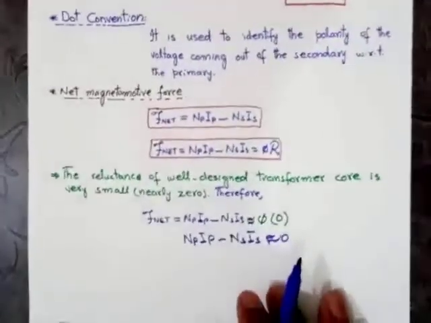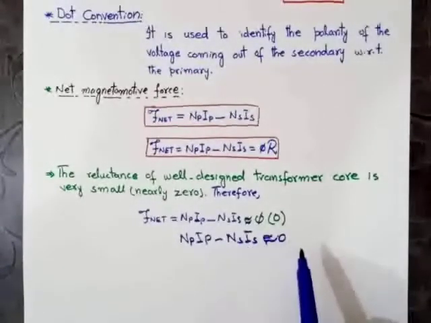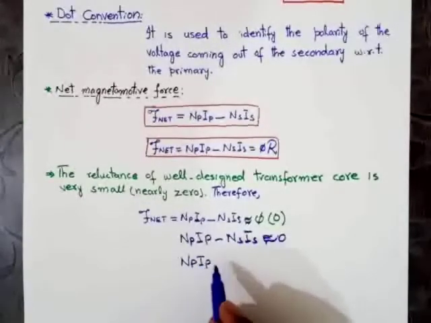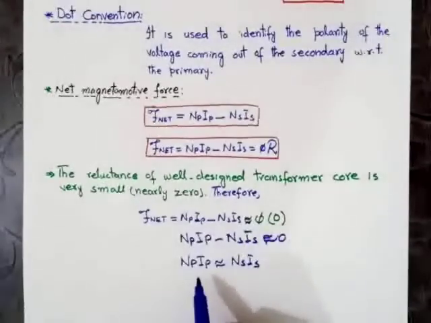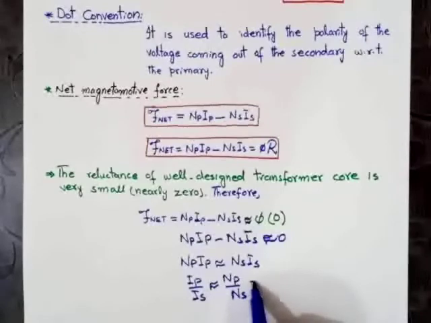Taking NS IS to the other side, NP IP will be approximately equal to NS IS, and the current ratio IP over IS will be approximately equal to NS over NP, which is equal to 1 over A.